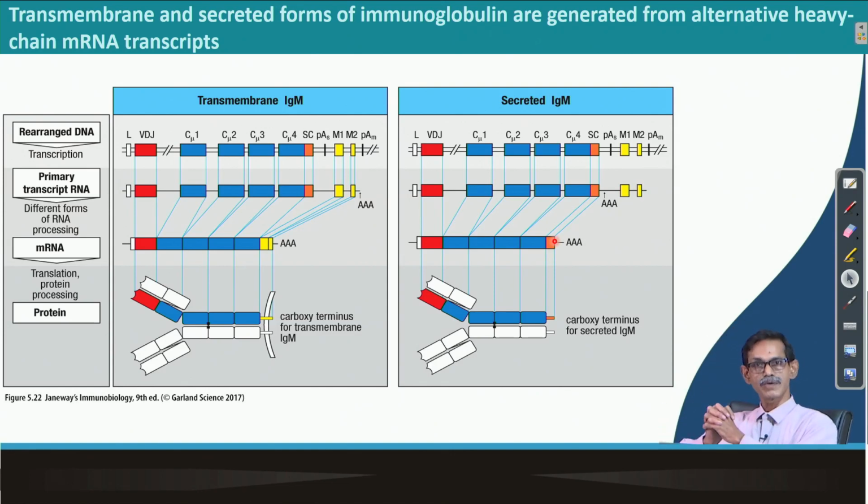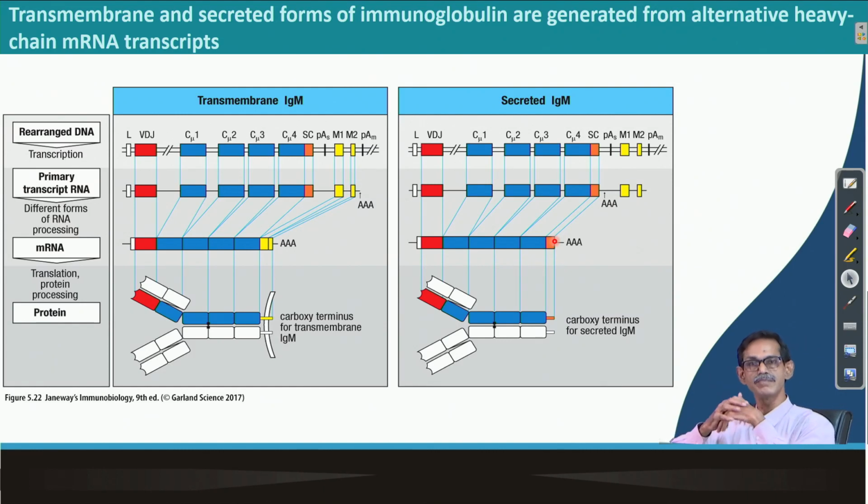So, what is the take home message from here? One mRNA, multiple exons, out of that VDJ and all constant domain regions 1, 2, 3, 4 are always there. In one case the secretory domain is there, in another case the transmembrane domain is there.